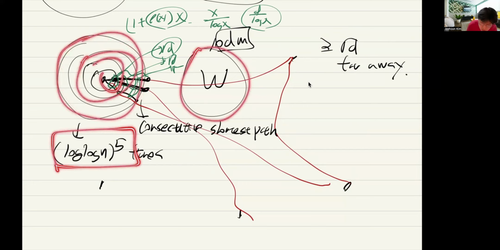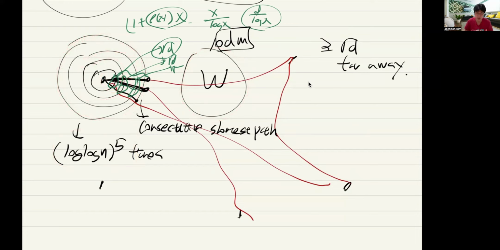While you're doing that, the W being large is no problem. The only possibility that some vertex of W is in your way are here, but because these are the consecutive shortest paths, that's a very minimal effect that you will get. So you will still be able to expand them many times. And after that many times, you make sure that this set has size like D times M cubed, or D times M squared.